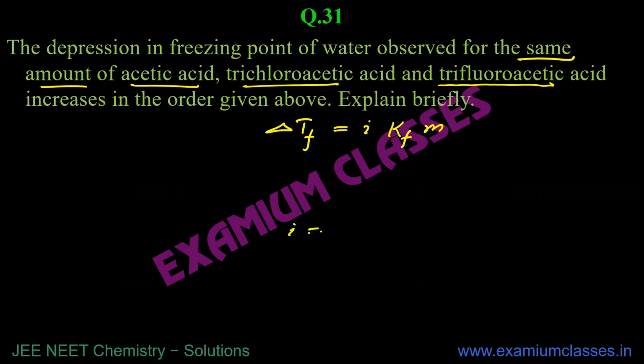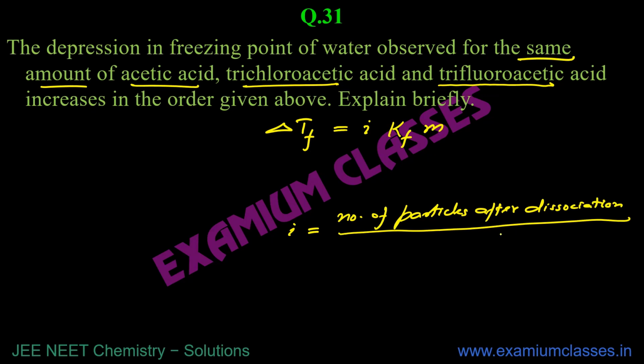Why? Because i is the number of particles after dissociation. Here I am writing dissociation because this is an acid, and it dissociates. Then the number of particles before dissociation.